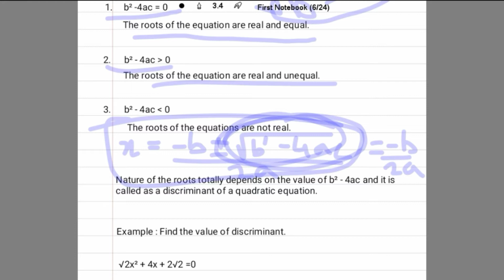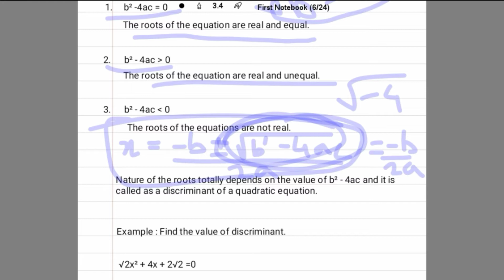The third condition is b square minus 4ac is less than 0. Now what will happen if b square minus 4ac is negative? We have not yet learned what the square root of a negative number is. If this value becomes negative, like minus 4 or minus 6, how are we going to get the square root of a negative term?